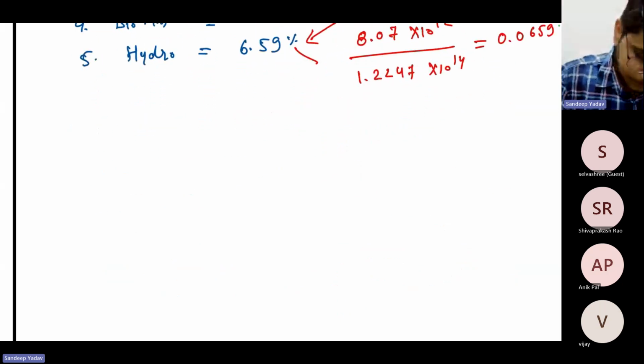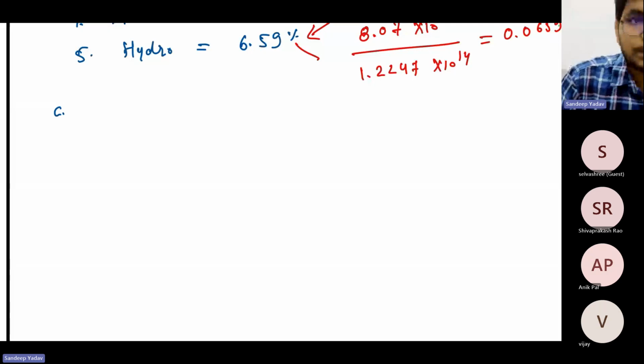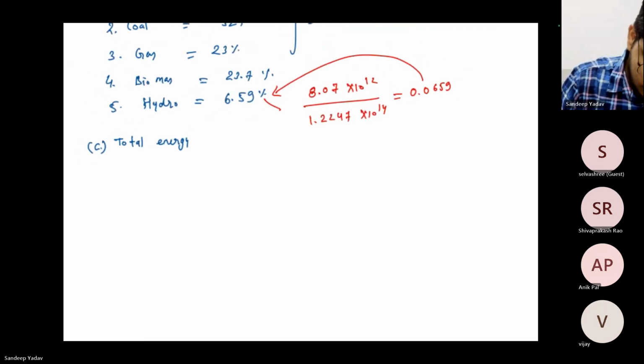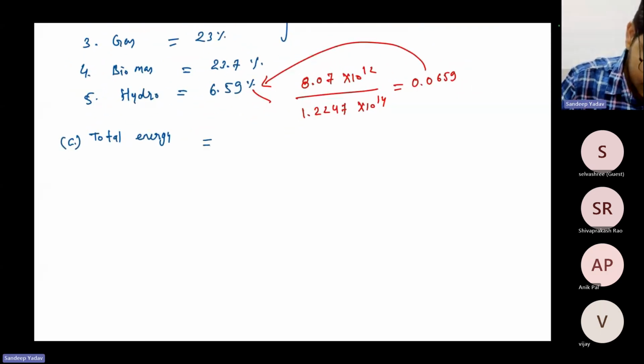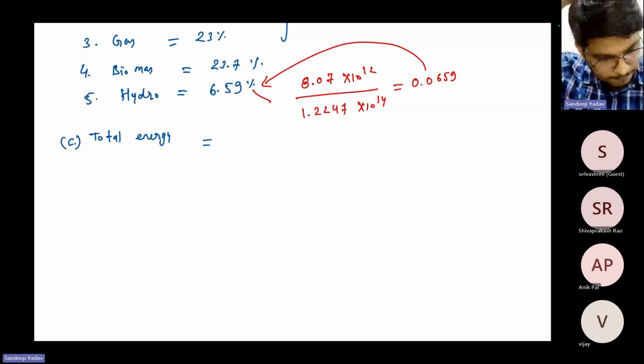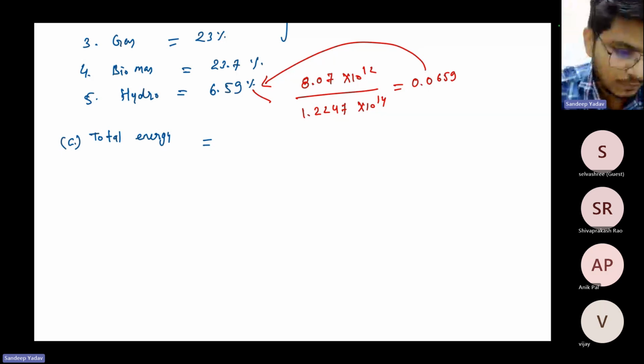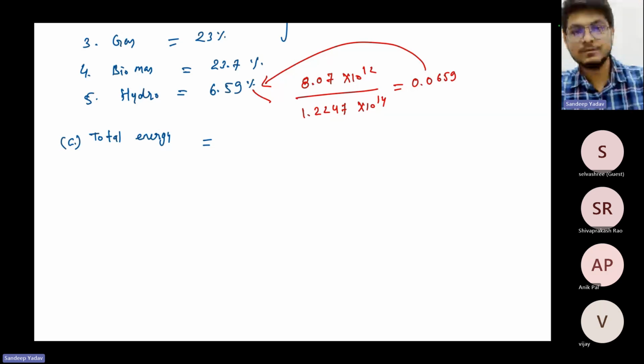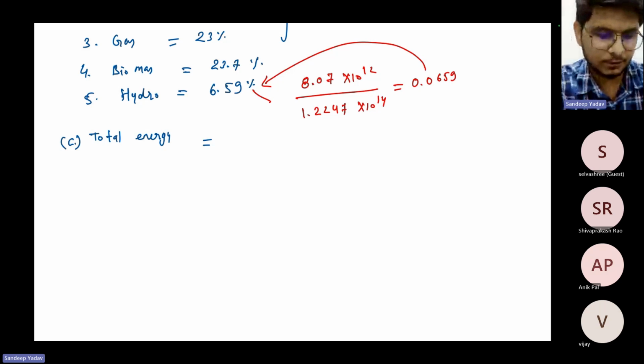Now moving ahead, total primary energy from the power sector. If you see, the power sector is the addition of 5.07 plus 2.9 plus 5.63, which we have calculated here.